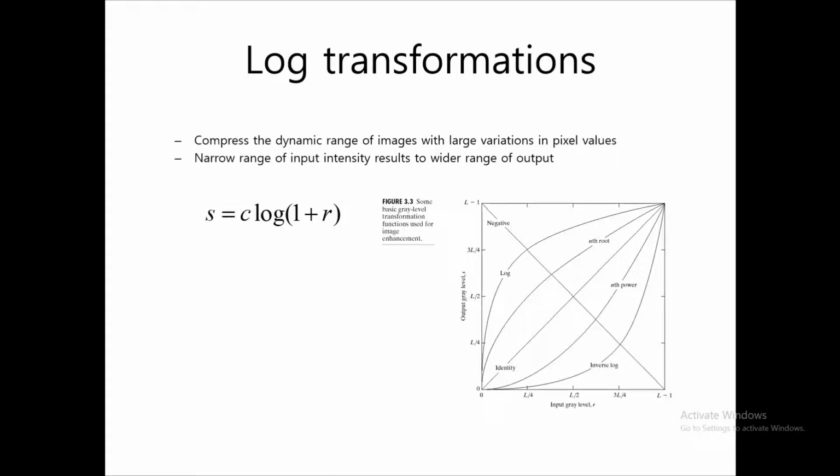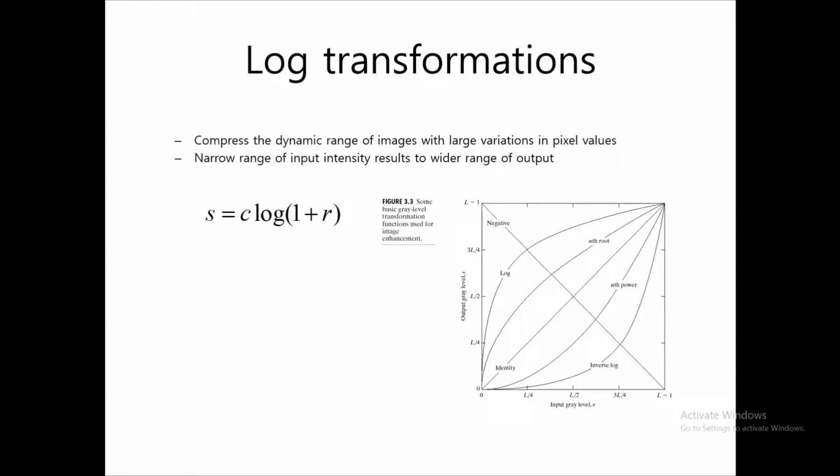You can see here that this lower intensity level is transformed to a wider range in the output, and the higher gray level values are compressed to a narrow range.